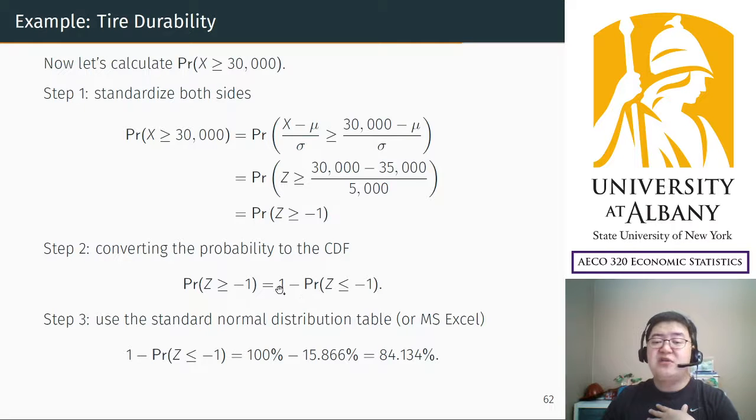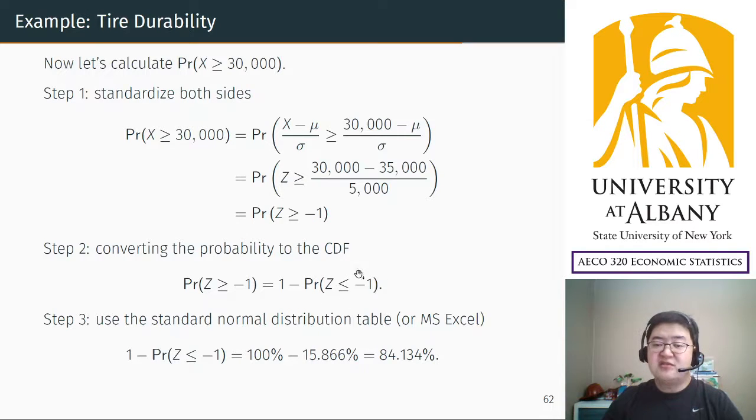It's easy using the complement rule. Probability greater than minus 1 equals 1 minus probability smaller than minus 1, right? And the last term, probability smaller than minus 1, can be found from the CDF of the standard normal distribution.